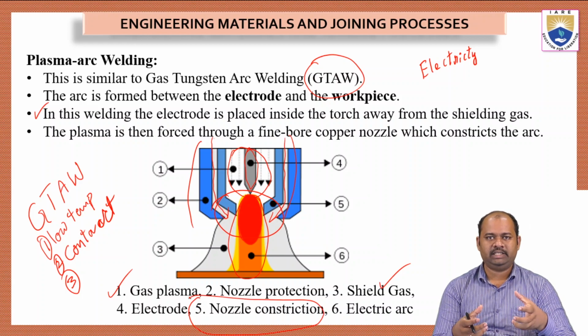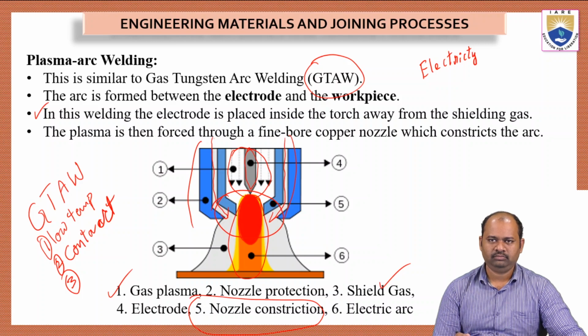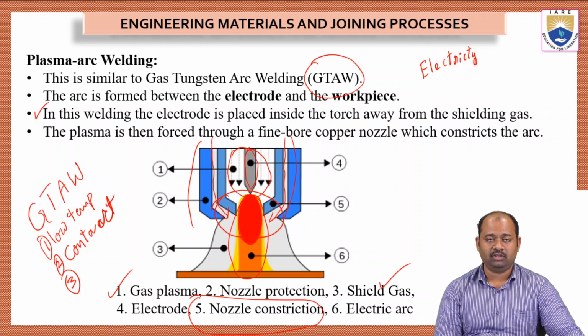Nozzle constriction is the area where the area of the nozzle will be reduced so that the plasma coming out of the torch will travel faster. So these are all the basic parts of a plasma arc welding torch.